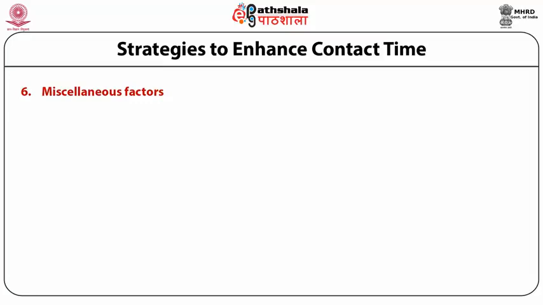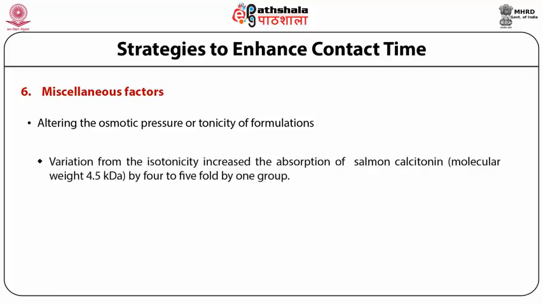The first amongst them is altering the osmotic pressure or tonicity of the formulations. It is well understood that variation of isotonicity increased the absorption of salmon calcitonin, which has a molecular weight of 4.5 kilodaltons, by 4 to 5 fold in one study.